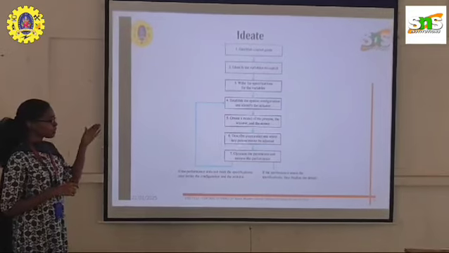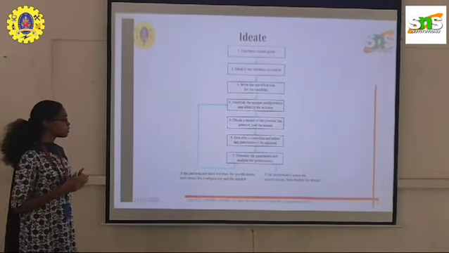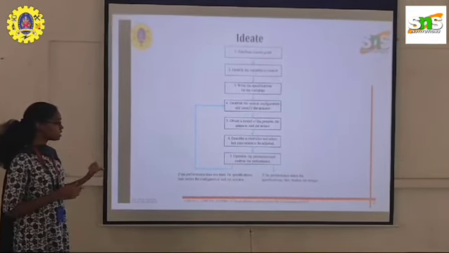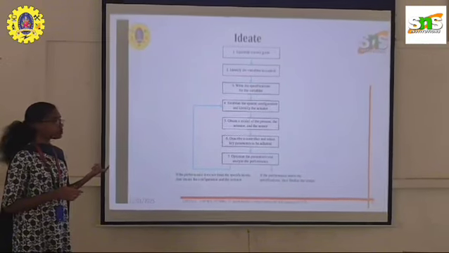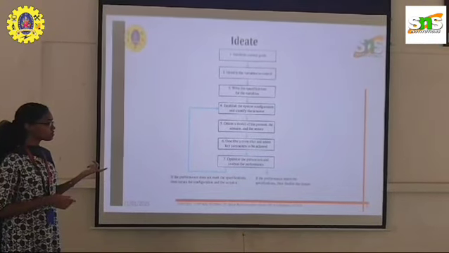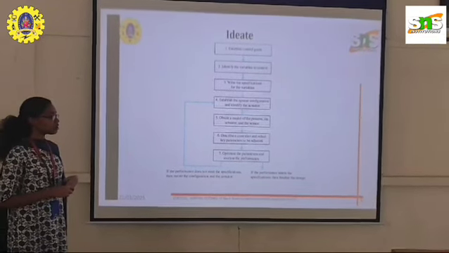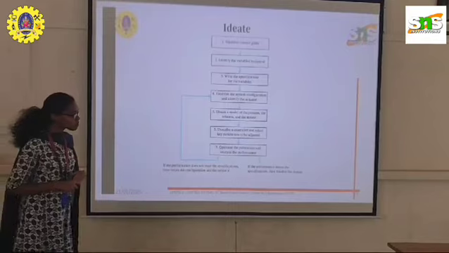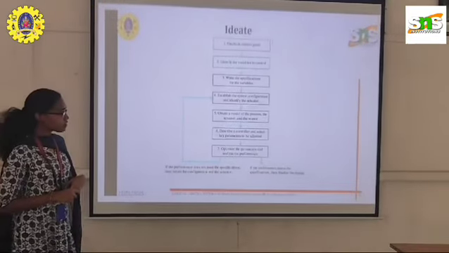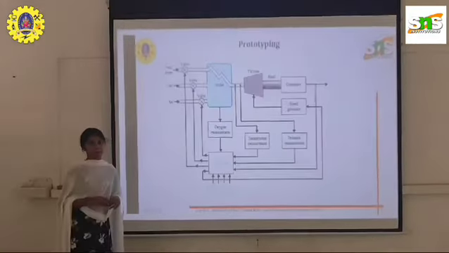By this the performance will be evaluated, and if there is any error in the performance, iteration will occur. If there is no error, the process will stop, and we can finalize the design.